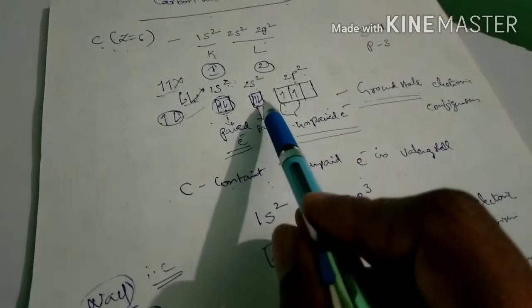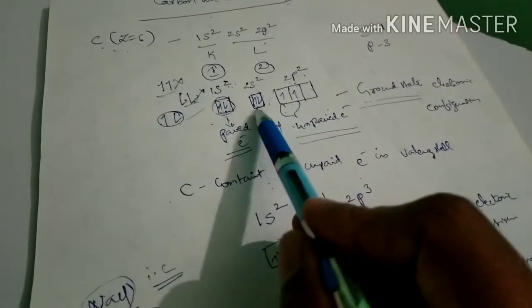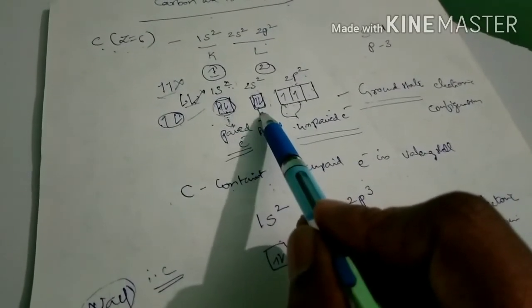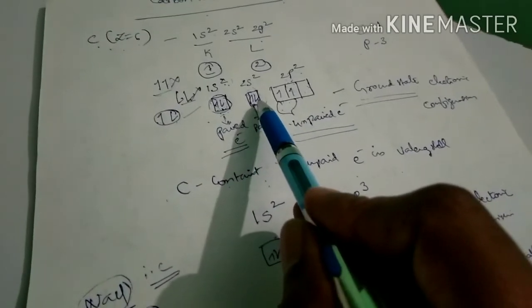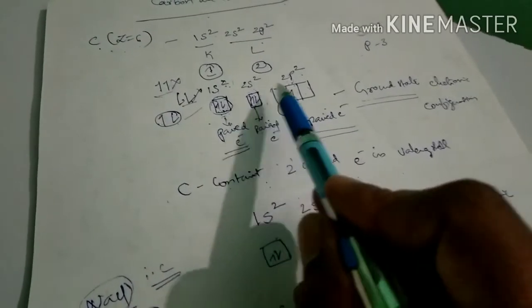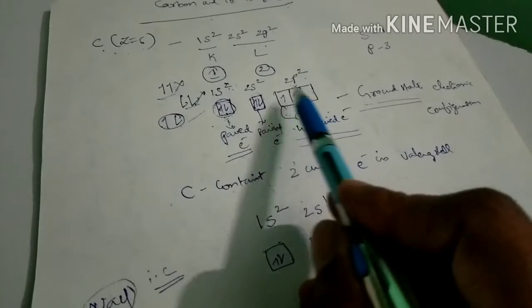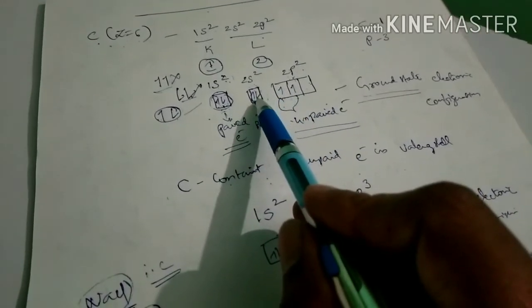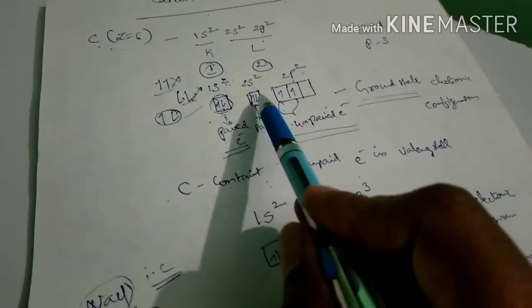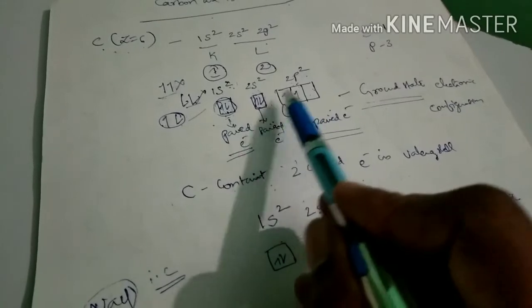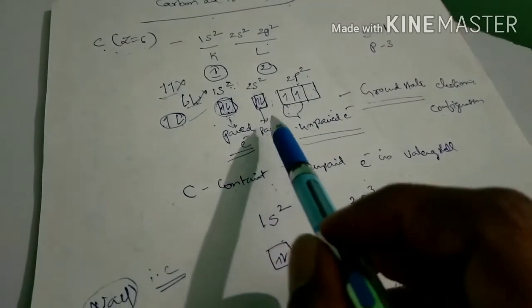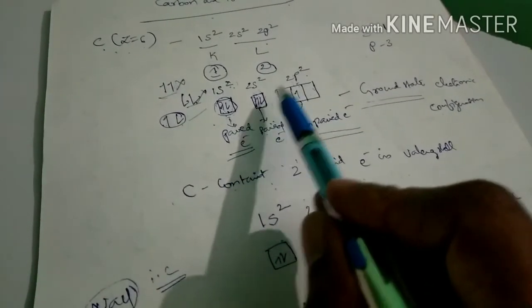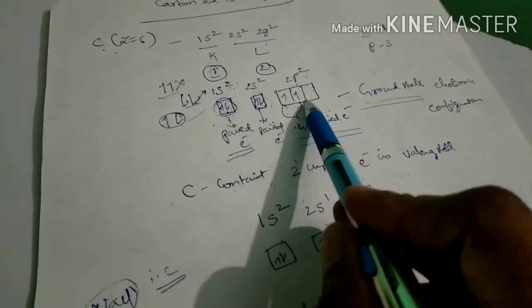When we apply energy to this carbon atom, that carbon atom gains that energy. Then one of the electrons in the 2s subshell can jump into the 2p subshell because we are applying energy. Then excitation takes place. That is called the excited state.